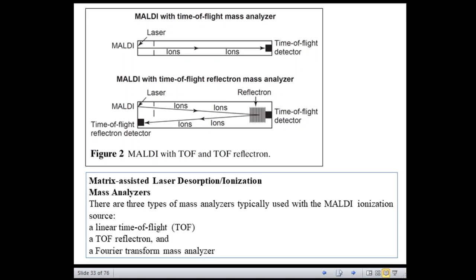If you carefully look at the figure, it is about the linear TOF and the TOF reflectron. The linear TOF mass analyzer is supposed to be the simplest of the three mass analyzers that we have listed.